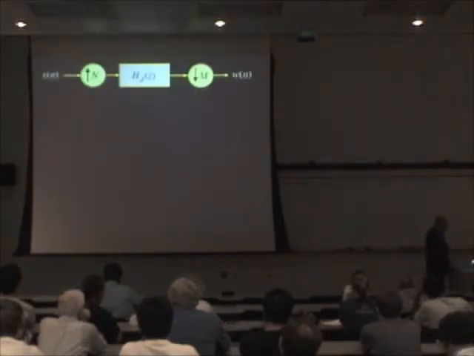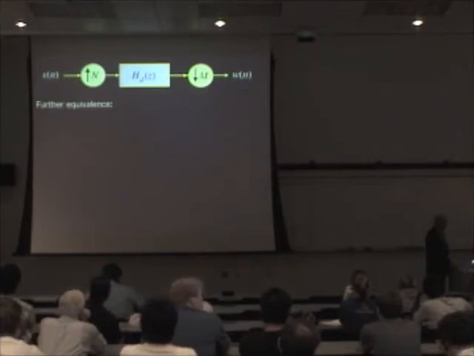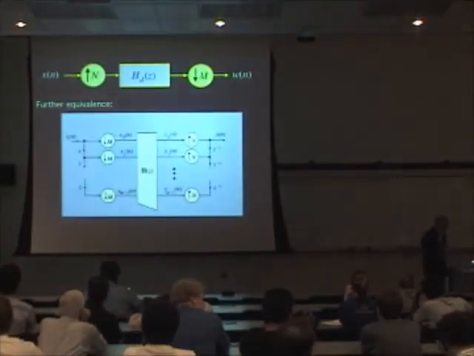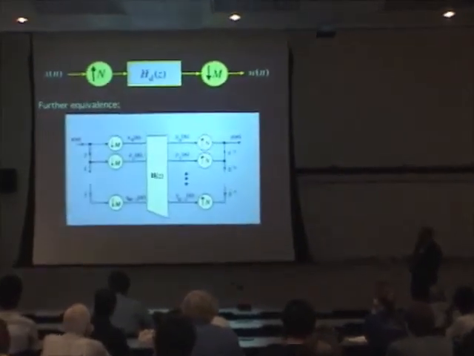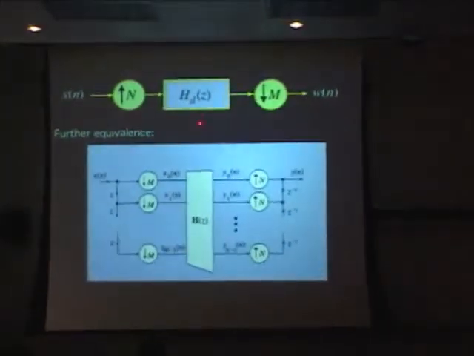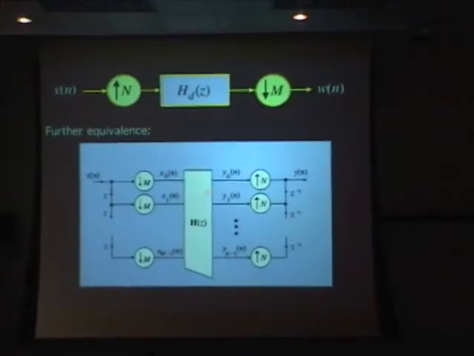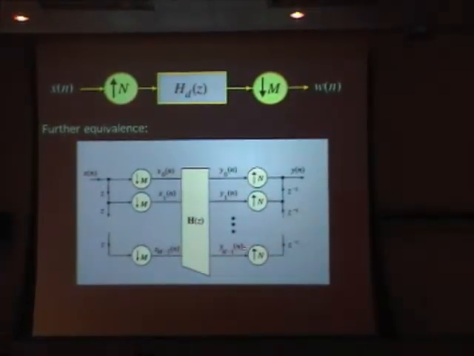This is the basis of it. It can be shown that this system here is actually equivalent to a single LTI system like this, where H(z) is an m-input, n-output transfer function.